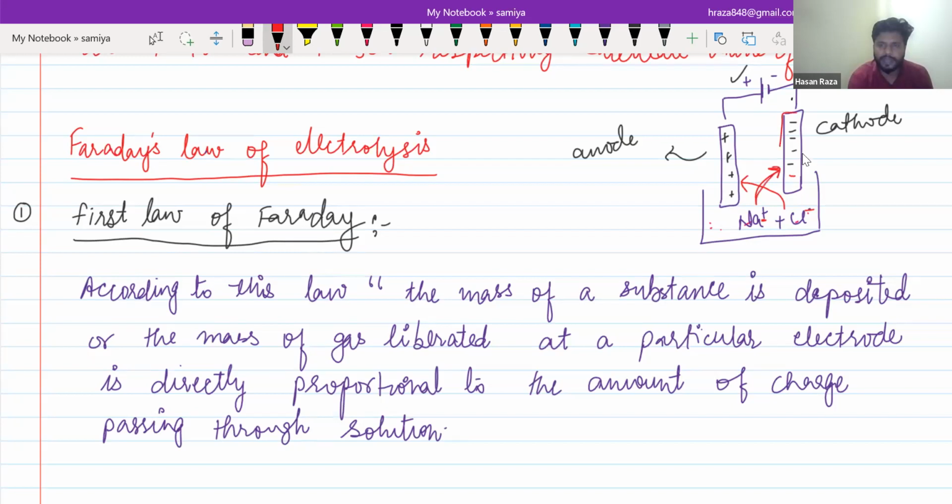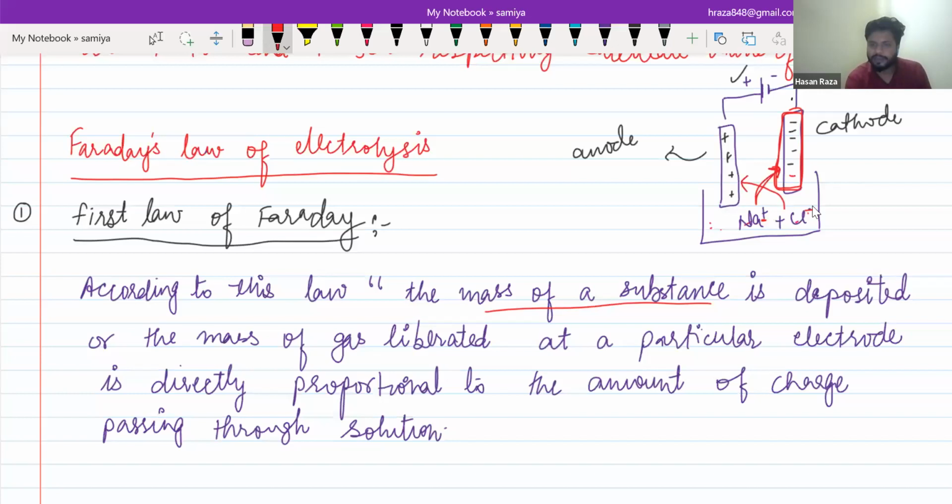That is basically Na is deposited on cathode. So we are talking about this law, the mass of substance is deposited. Since mass of substance deposited whenever it will be in solid state, the mass of substance deposited on a particular electrode.